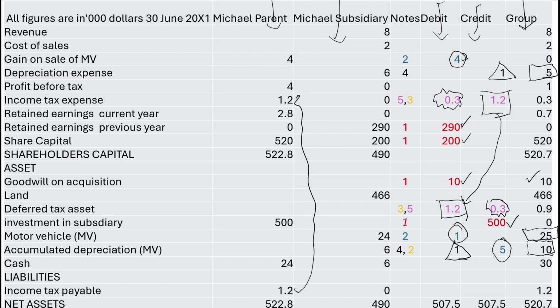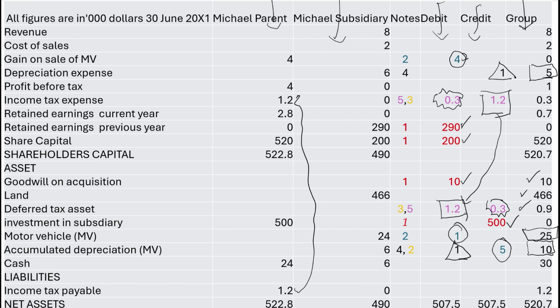Land, there was no change of $466,000, and the deferred tax asset has now decreased from $1,200 to $900 because the asset has been used up for 1 year, because we credited deferred tax asset $300 and we debited income tax expense $300. The investment in the subsidiary is 0.